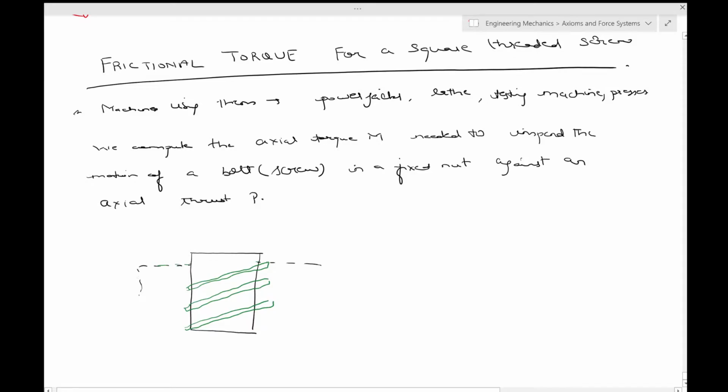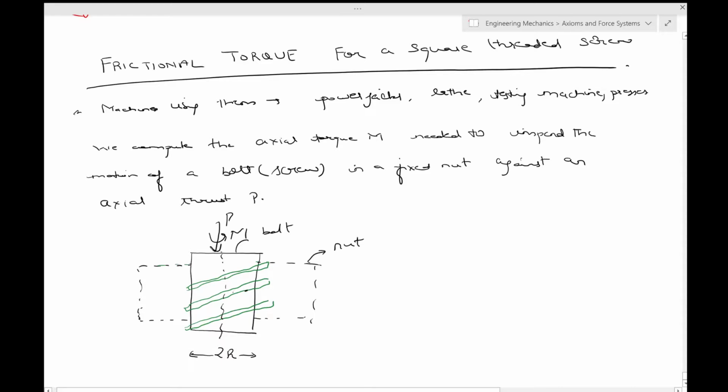According to the earlier section, the bolt is the body 1 and this is the nut. You have a thrust P and moment M, and 2r is the so-called radius of this screw.